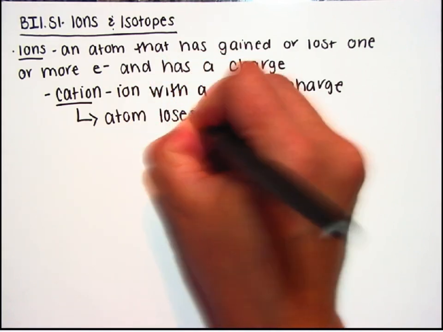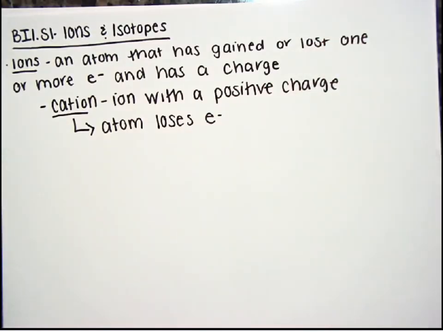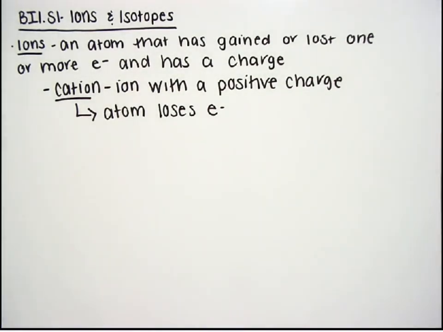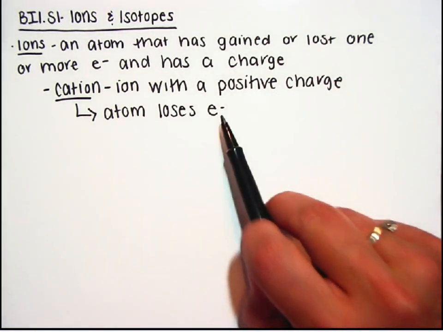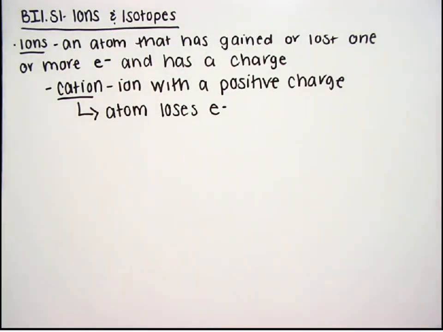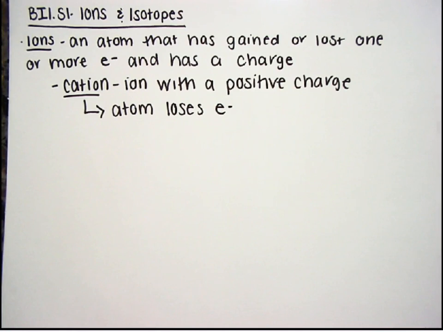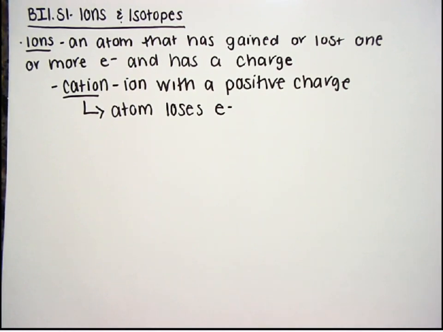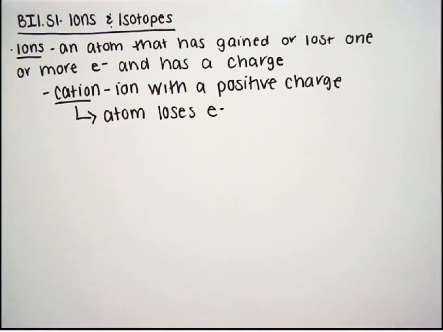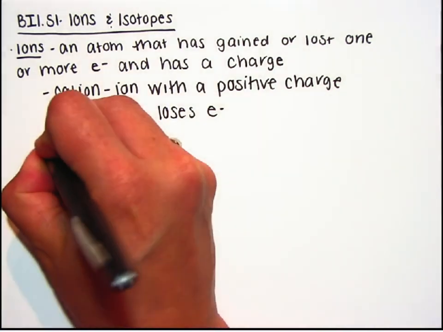So let's talk about that a little more. How do you lose electrons and become positive? Remember, electrons are negatively charged. So if you lose an electron, it's like subtracting a negative in math, your answer becomes positive. So if an atom loses an electron, it has less negative charges, it becomes more positively charged.